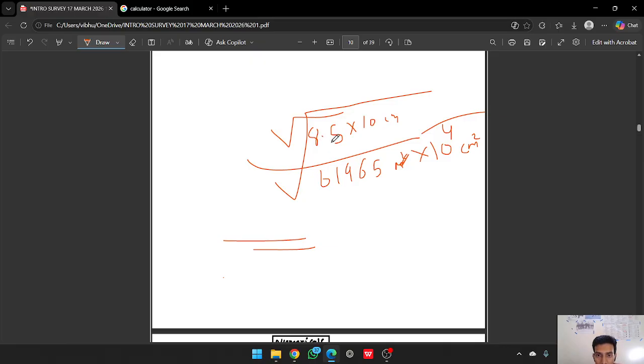If we put like this, and this like this, we can multiply like this.